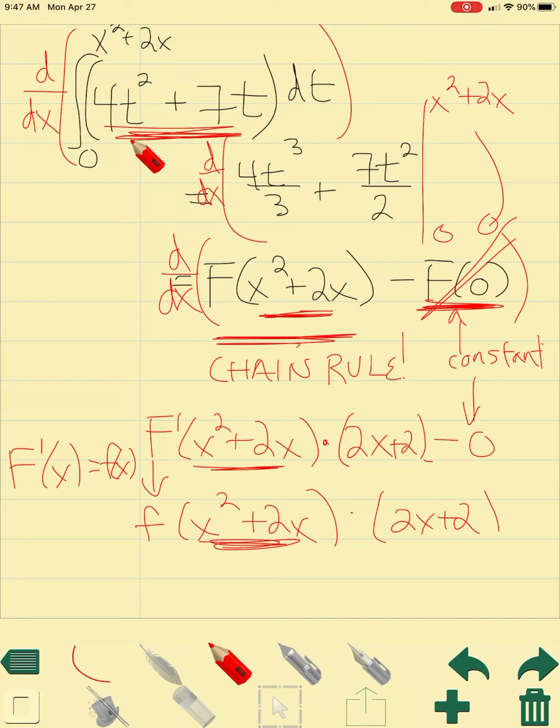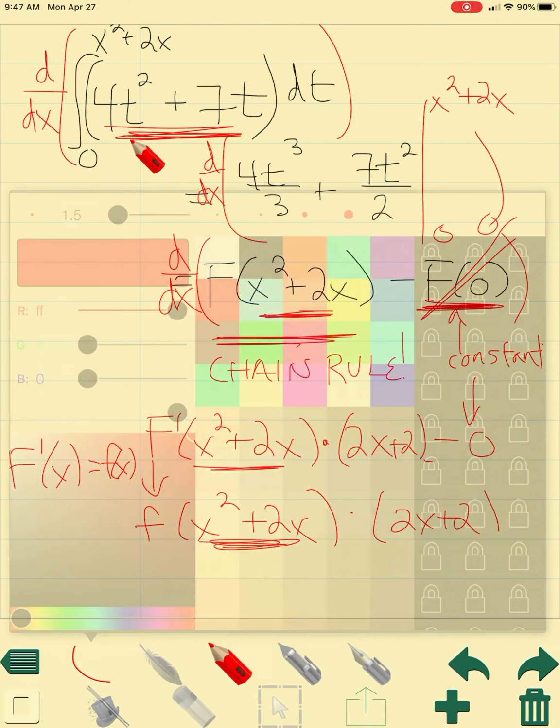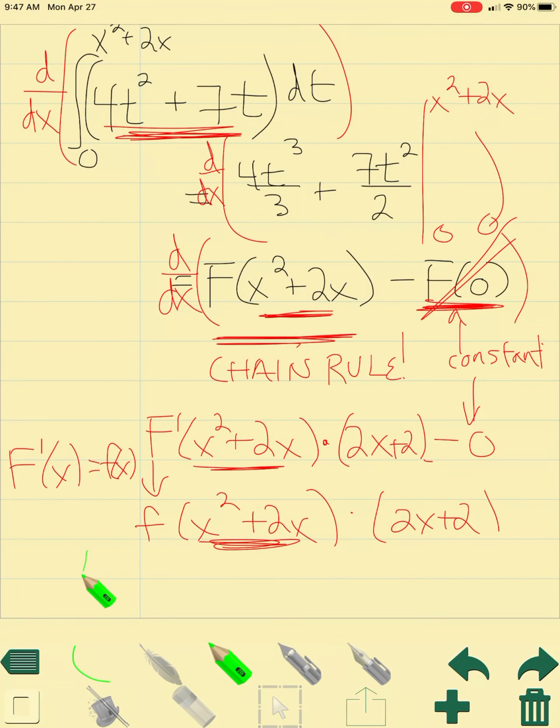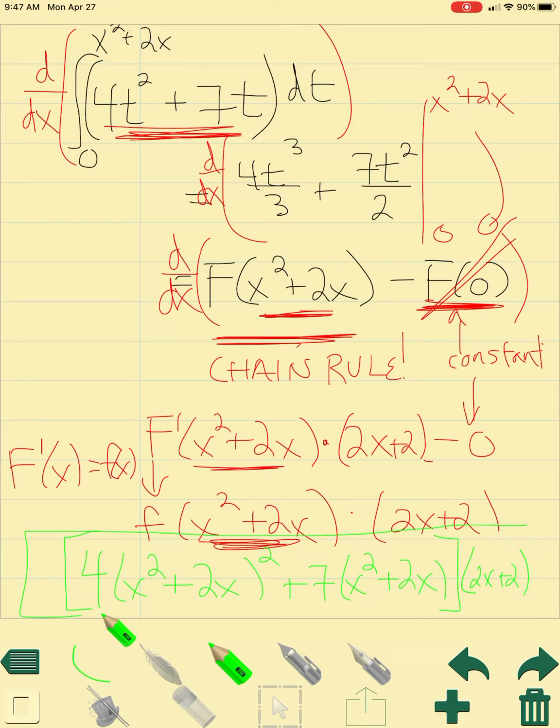So you would get 4 times t squared, where t in this case is x squared plus 2x, quantity squared, plus 7 times x squared plus 2x. This whole thing is multiplied by 2x plus 2, and that would be your answer.